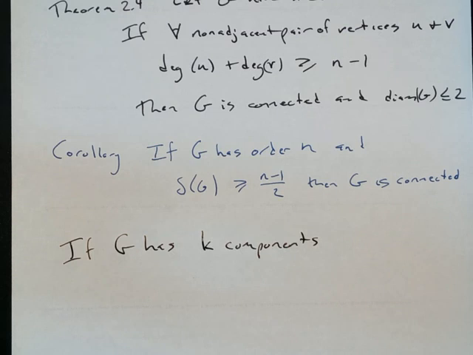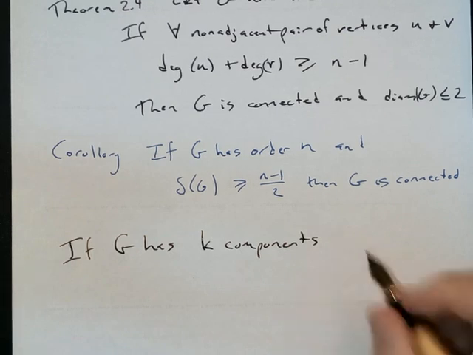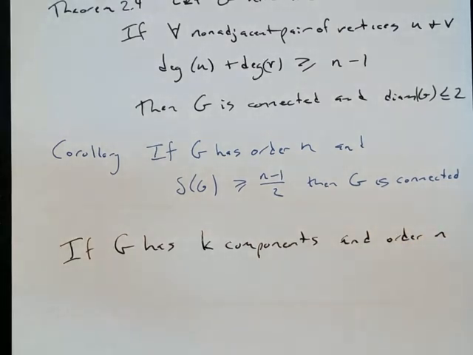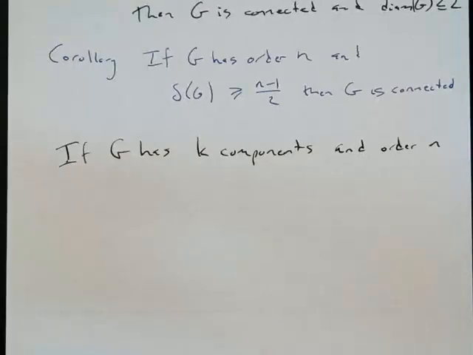If you have k components and order n, we're going to go with order n again. What is the pigeonhole principle going to tell me here? Discrete math told you couldn't forget this.